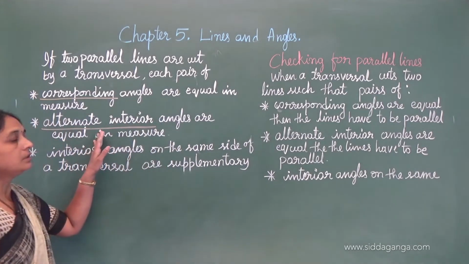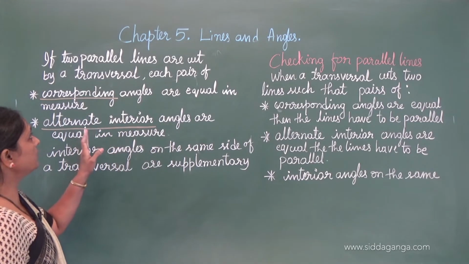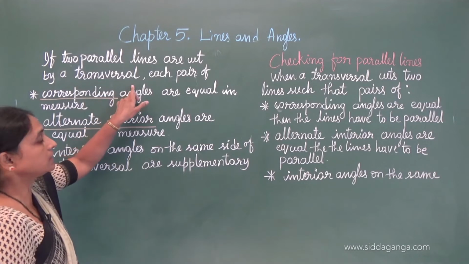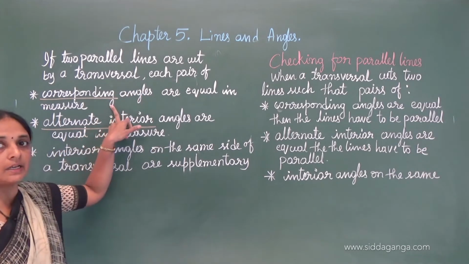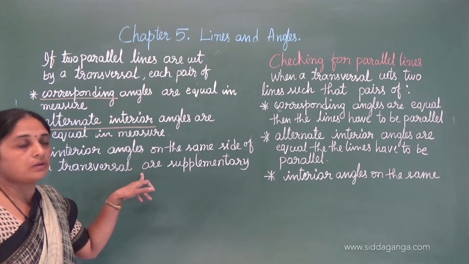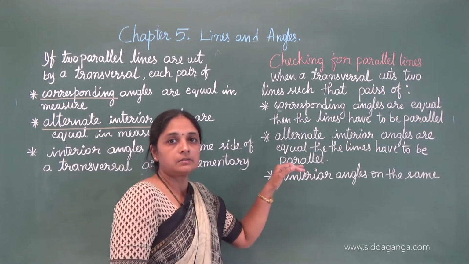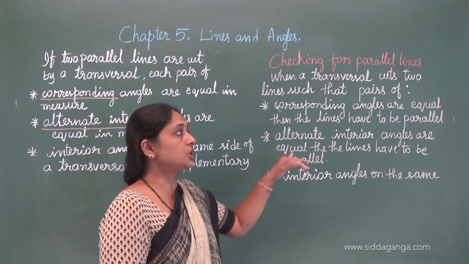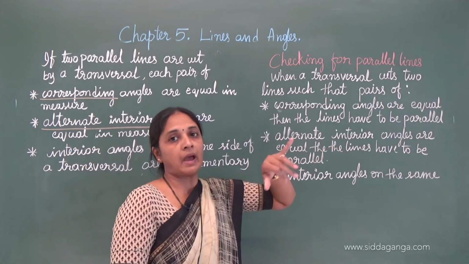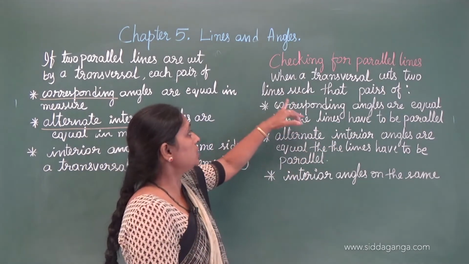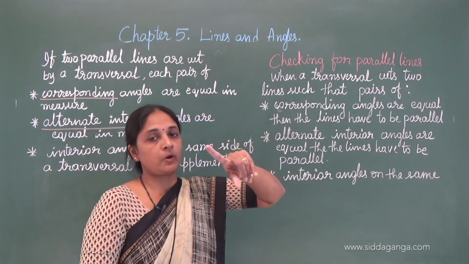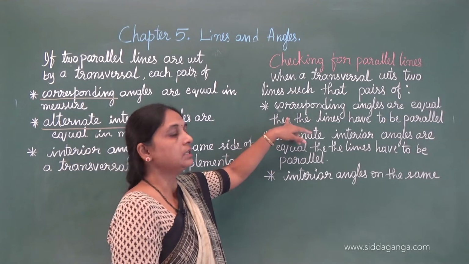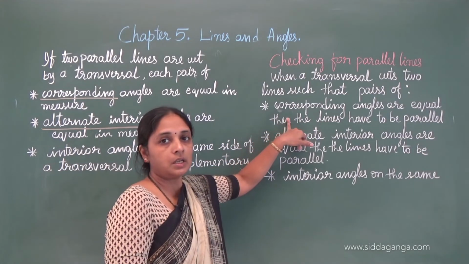Here we are giving statements on when a transversal cuts two parallel lines, it makes these angles and they are equal. Okay. Here we are going to tell that to check whether the given two lines are parallel or not, we check these angles. We can check one pair of corresponding angles. If they are equal, then we can say that those two lines are parallel.